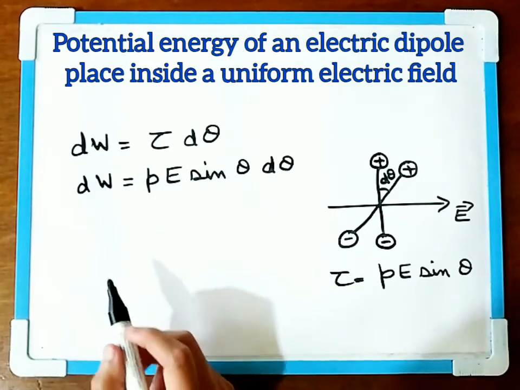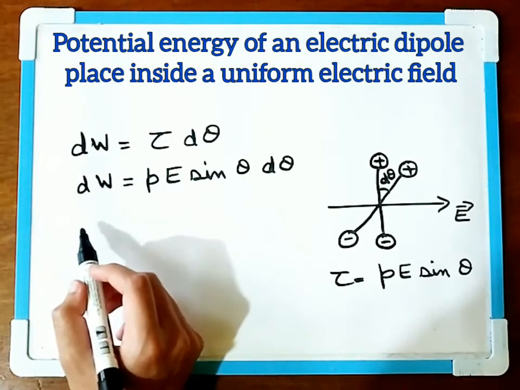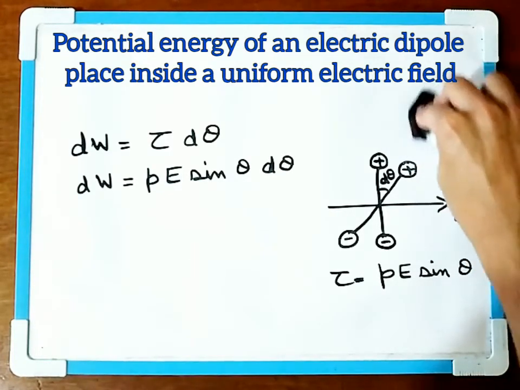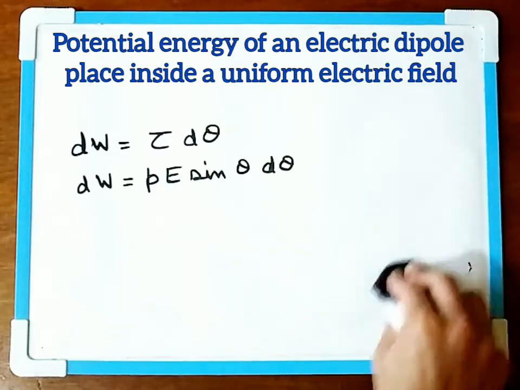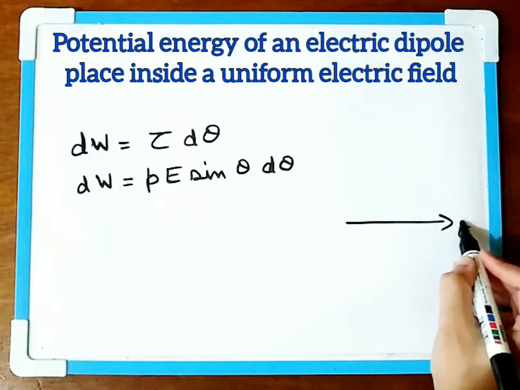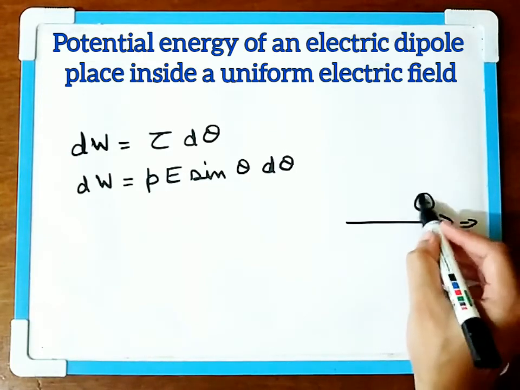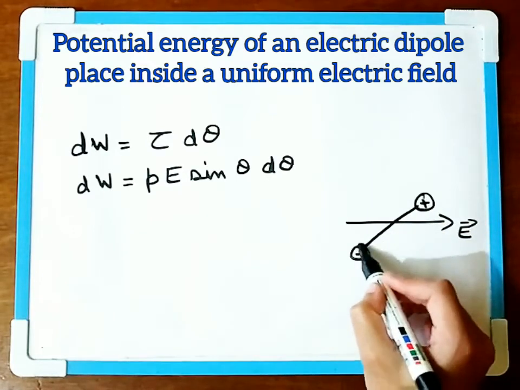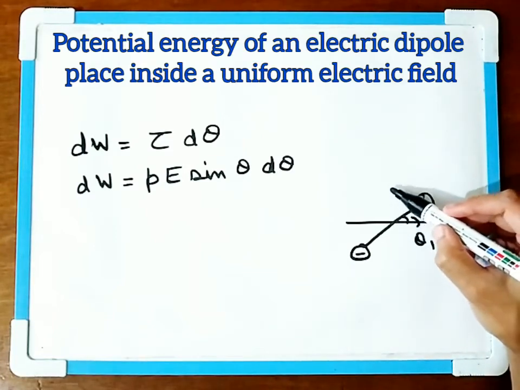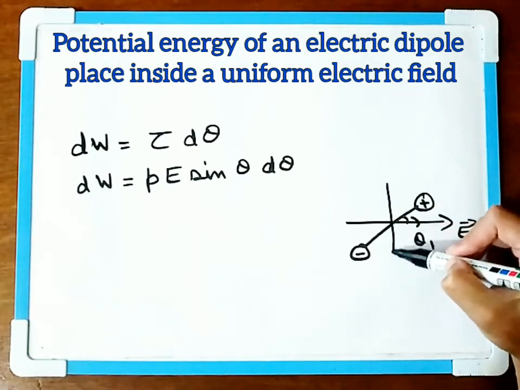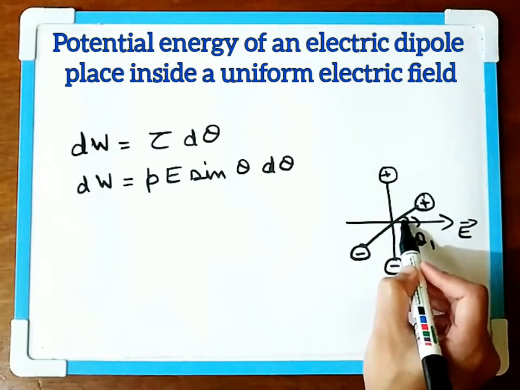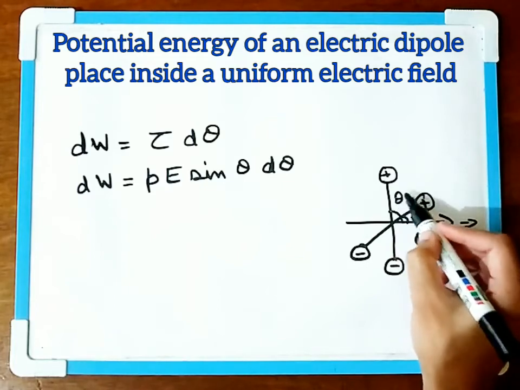Now if you want to find the work done in displacing a dipole, suppose we have a dipole initially at this position, and let this angle be theta 1, and you displace the dipole to this position, where this angle is theta 2.